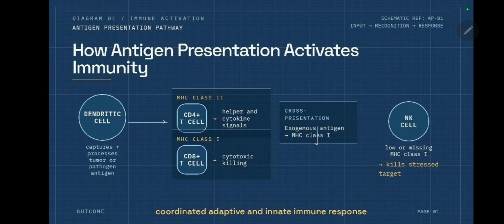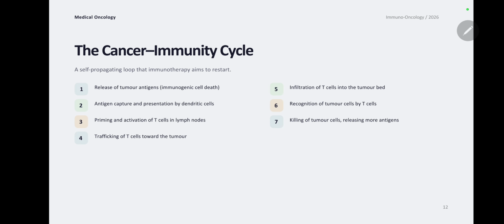How antigen presentation activates immunity, we previously discussed. The dendritic cell captures this antigen and presents to the CD4 cell, and the CD8 cell directly recognizes this antigen by MHC class 1, and the NK cell does not need MHC. Okay, so in our body a basic immunity cycle is going on.